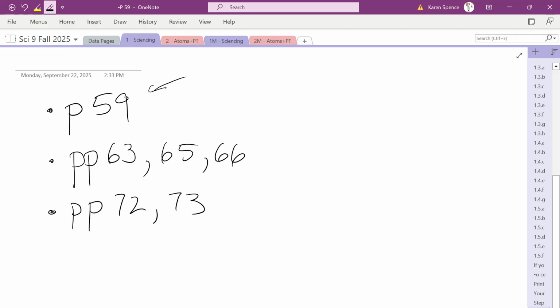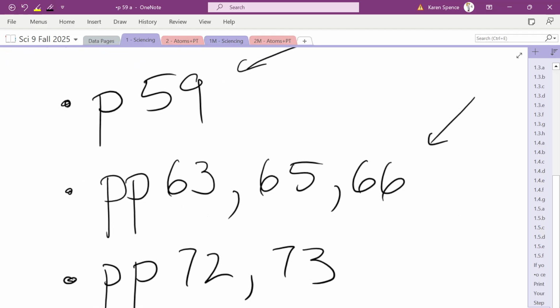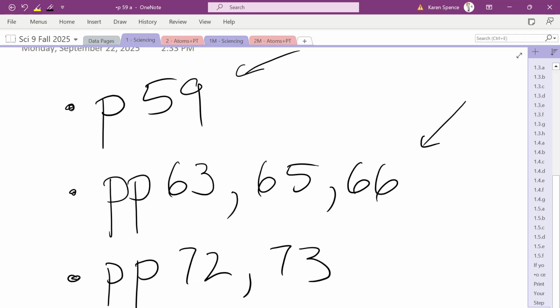These ones are short. Okay? I'll make that bigger so you can see it. And we're good. Okay.